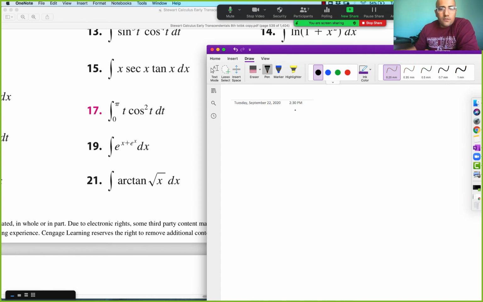This is Chapter 7, Section 5, number 17. We have the integral from 0 to pi of t cosine squared t dt.